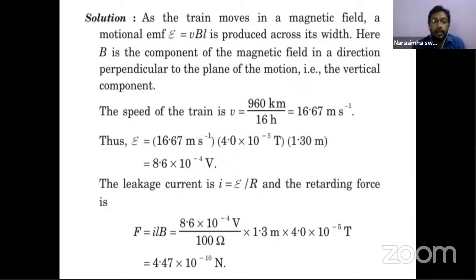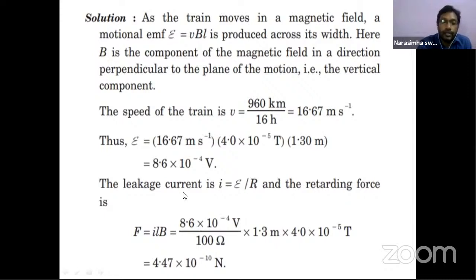So the current, how much current are you getting here? Look at this, the current direct value is not given. Here we are calculating I is equal to E by R. E value we just got here, 8.6 into 10 power minus 4, by R. R value is given in the problem, 100 ohms.